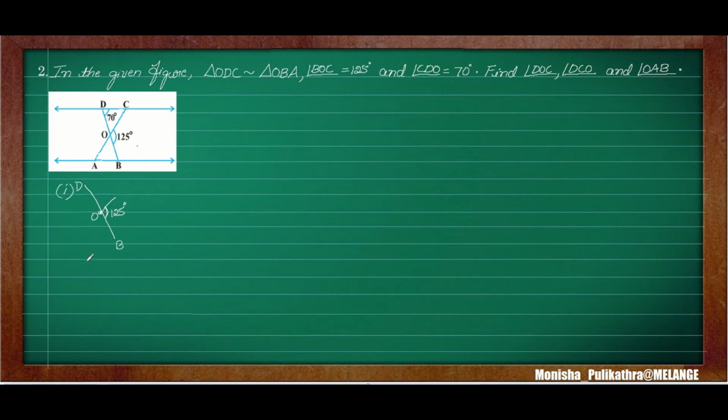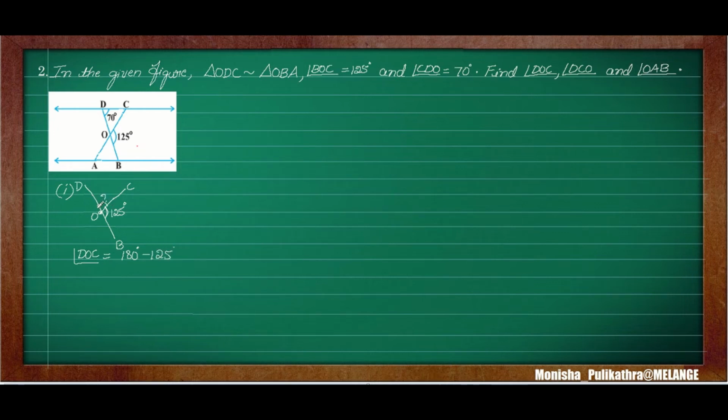Okay. So what happens? In order to get this angle, that is DOC, since this angle is a linear pair, we will get angle DOC by 180 minus 125. Why?